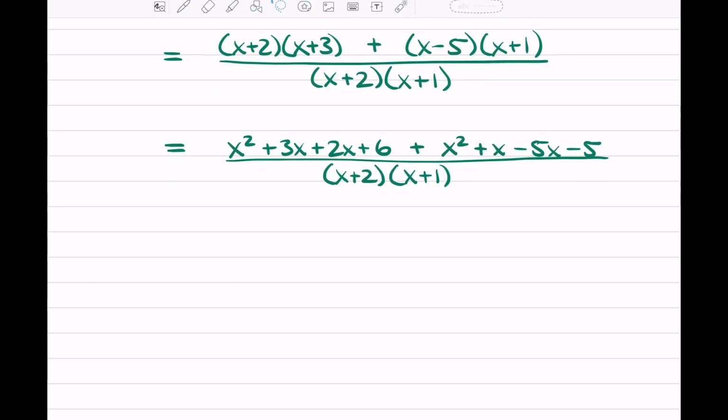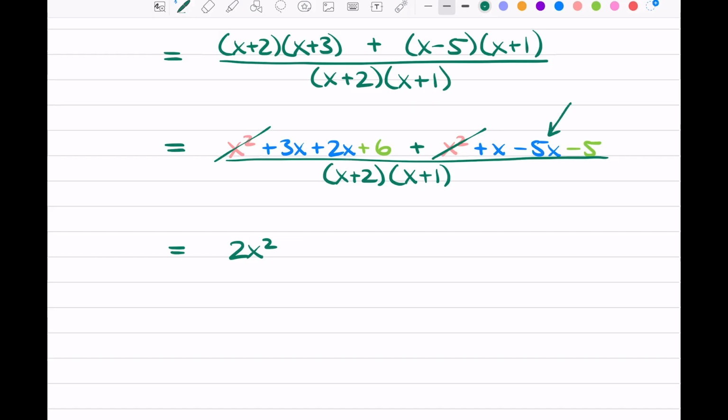So now we need to add up our similar pieces. So we have an x squared and another x squared, which gives us 2x squared. We can cross those out. 3x plus 2x gives us 5x. And we have a minus 5x, so those actually cancel out.